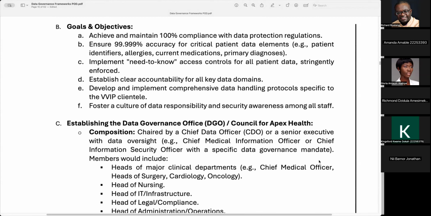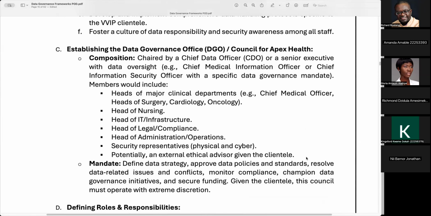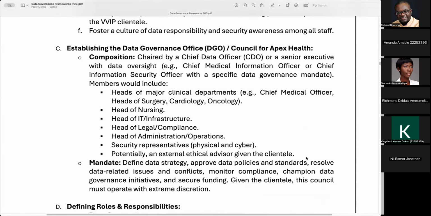And their mandate? Strategic direction, formal approval of all data policies, securing necessary resources, resolving complex data-related issues with clear, expedited paths for anything involving VVIP data, monitoring the effectiveness of the entire program, and critically, operating with the utmost discretion and confidentiality themselves.